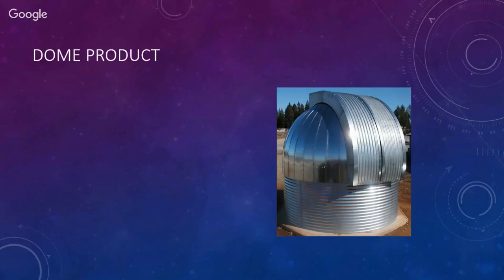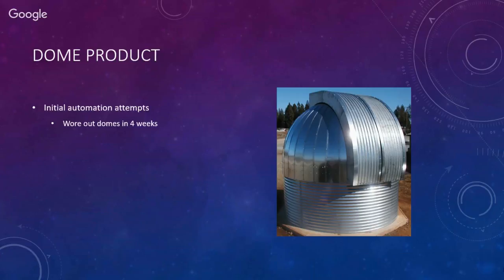So the dome product, I'm going to give a little history of where I came from on this and our methodology of where we're going. When we put the 32-inch telescope in, that was put into an Ash Dome that had an off-the-shelf automation from another vendor.